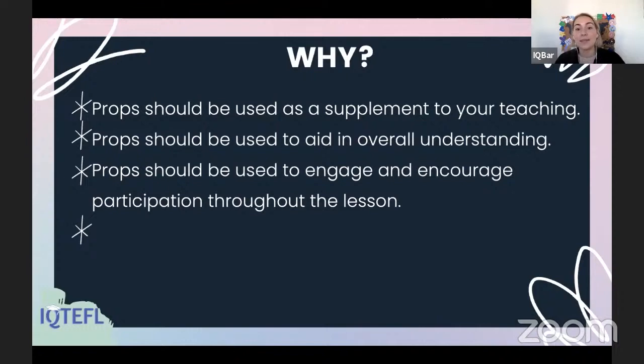Props should be used to engage and encourage participation throughout the lesson. I think that we've all experienced the power a prop holds during a lesson, especially when our students have had a long day of school and they're having online lessons. It's great to incorporate props to keep them going, to keep them motivated, especially the younger students. I think the older students have more learning experience.